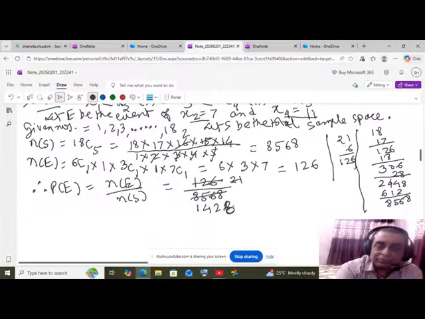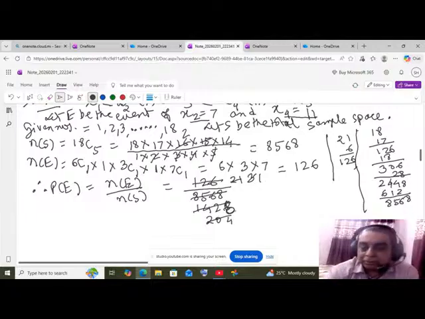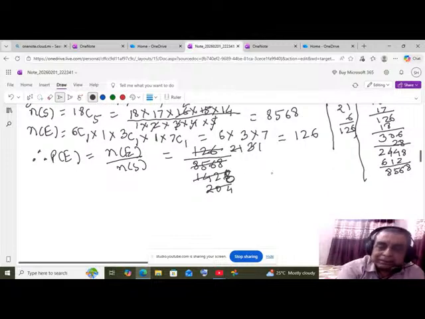Now you divide with 7. So on the top we get 3 and at the bottom we get 204. Now again you divide with 3 on the top and bottom. So at the bottom we get 6 carry 2, 24, 8. Okay, so this is 1 upon 68.